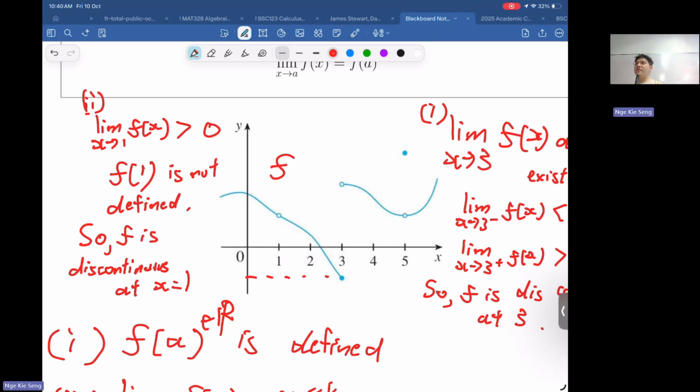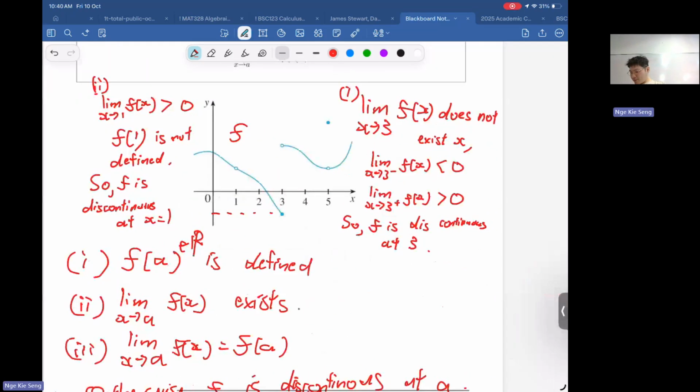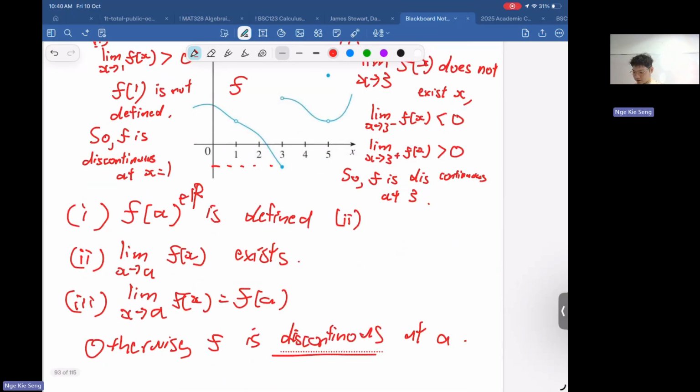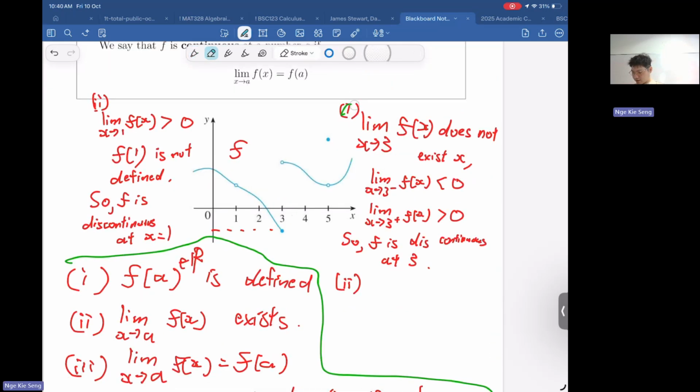Also not continuous there. There's one more point where f is not continuous. Where? 5. What happened at 5? I think we should keep all the definitions away first, and rename these numbers so that you don't get confused.